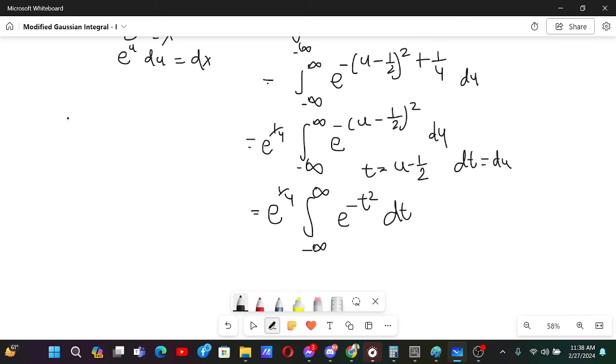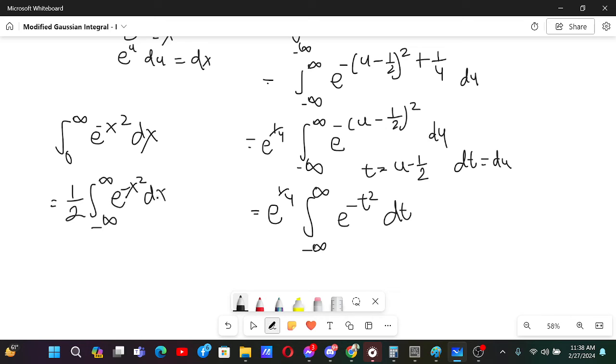In the original one we had from 0 to infinity, and since this is an even function, this will just be half of the integral from minus infinity to infinity. This over here was just root pi by 2, so this will just be root pi by 2, and if I cancel by 2, this integral over here is just root pi.